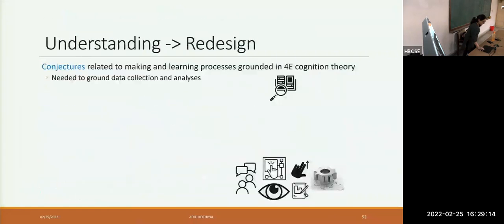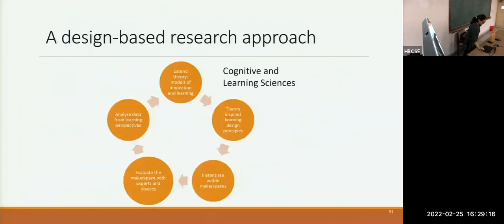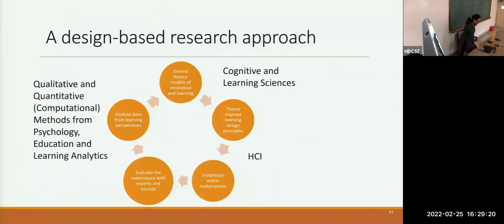So let me go back then to this idea that the way that we can redesign science education is through this design-based research approach, where we try to study learning in its authentic form as it happens. And then we try to evaluate when it is that learning happens.